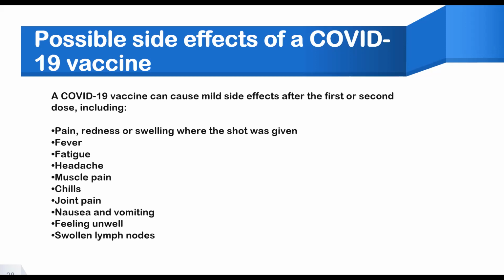Or meron din tayong fever, fatigue, headache, muscle pain, chills, joint pain, nausea and vomiting, feeling unwell, and swollen lymph nodes. So, itong mga side effects na to, pwede nating maramdaman sa unang dose pa lang na kanilang binigay or yung pangalawa. Next, sir.